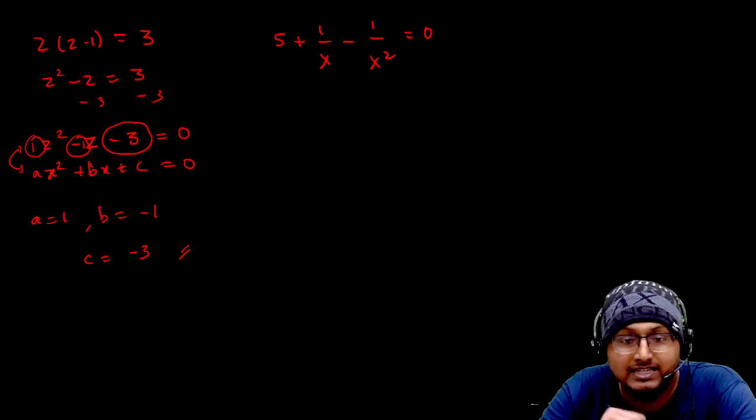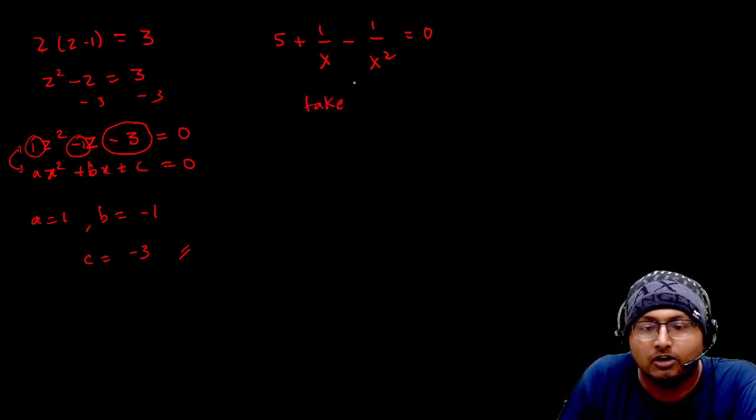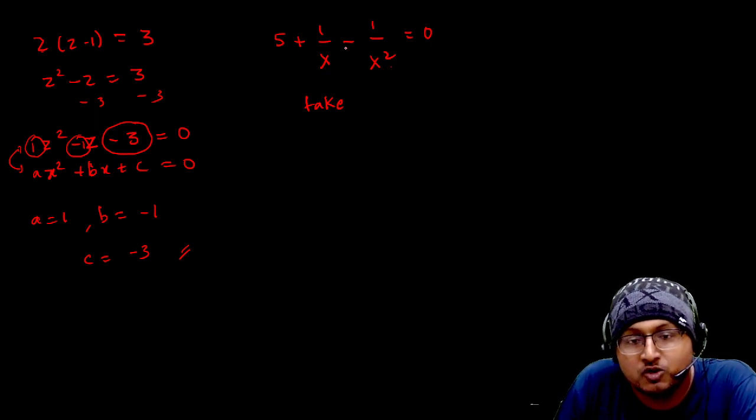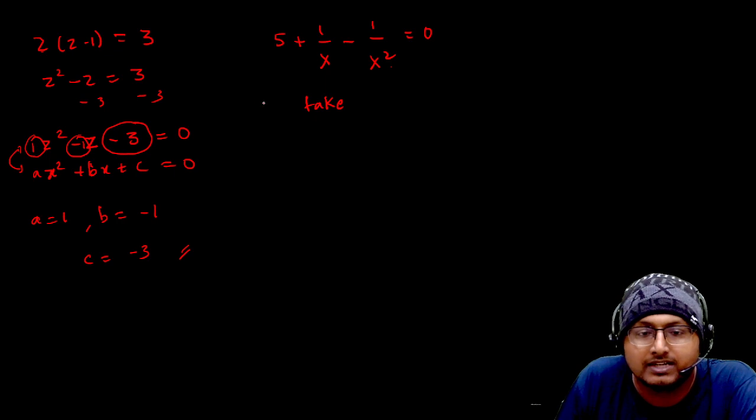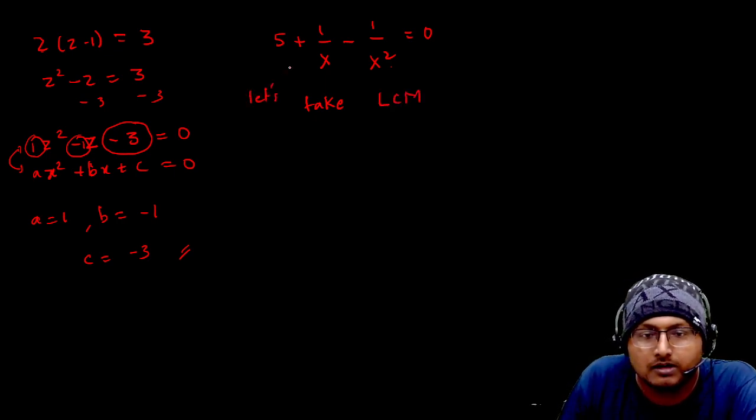So we'll take LCM, better. Take LCM of the equation, because we need the x square term in the numerator but not in the denominator. But the x square term is in the denominator. You know how to do LCM? So here, what is the LCM?